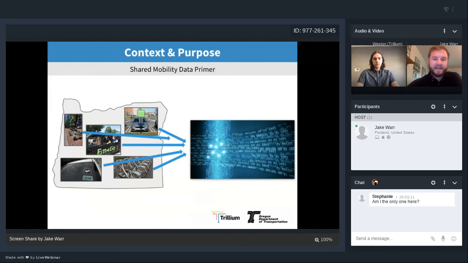We had a first phase of this project where we did a scan of shared mobility services in Oregon to see what they were doing with the data and how they were creating policies and ordinances around it. Essentially, it was some of the bigger communities and cities with the resources and technical capacity figuring out what to do, but there wasn't a lot of guidance for the smaller communities.